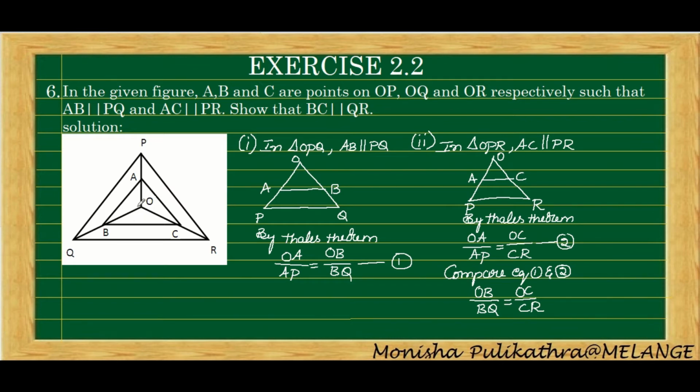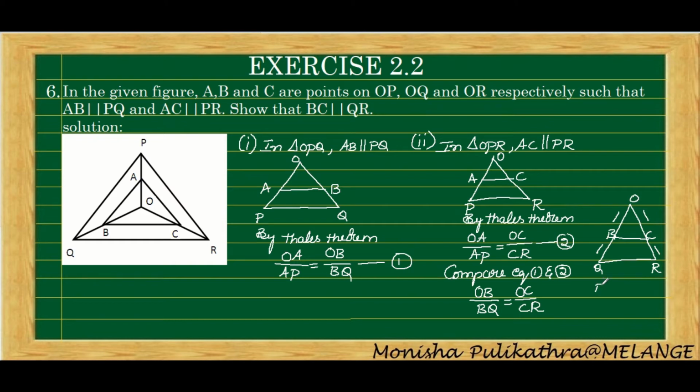So when these two are equal, it becomes OB by BQ is equal to OC by CR. So let us draw the triangle for that. So this is the third set of triangle, that is OQR and BC. So from equation 1 and 2, we have proved that OB by BQ is equal to OC by CR.